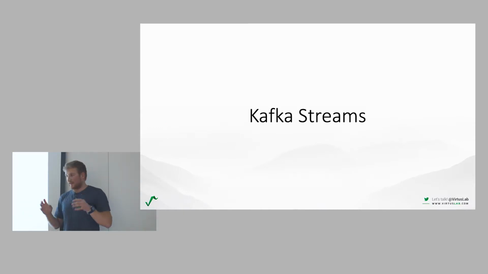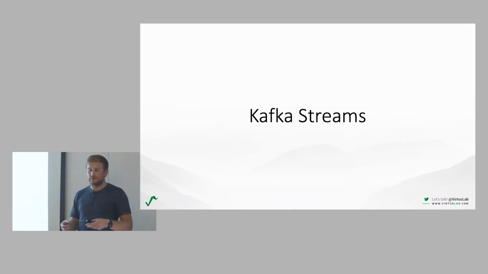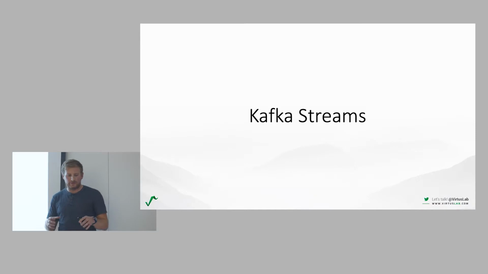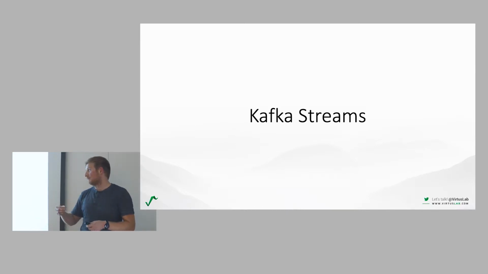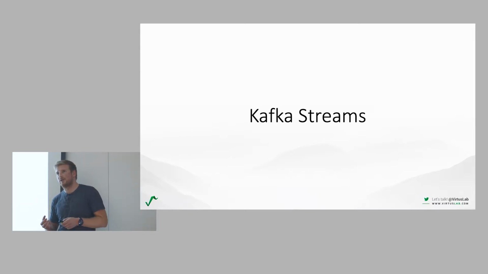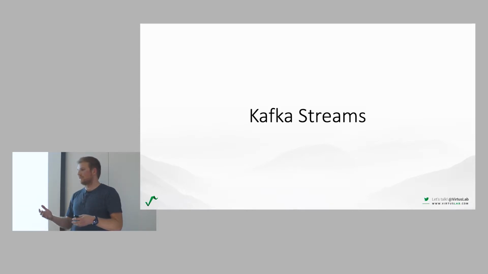Okay, the examples that we will see are based on Kafka Streams, and this is the platform of our choice. There are multiple great tools out there in the stream processing world, like Flink, Storm, Spark Streaming, Samza. But what is quite unique about Kafka Streams is that it's just a library. It doesn't need any special processing cluster, so you can just attach it to any application that is based on a JVM language, and there you go.